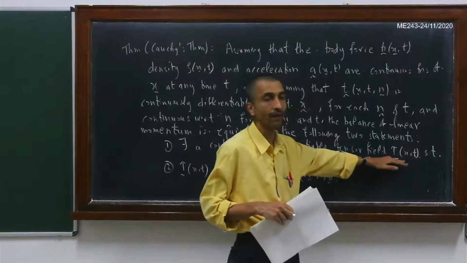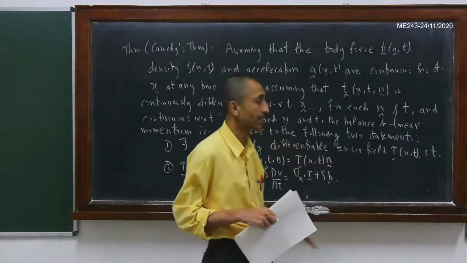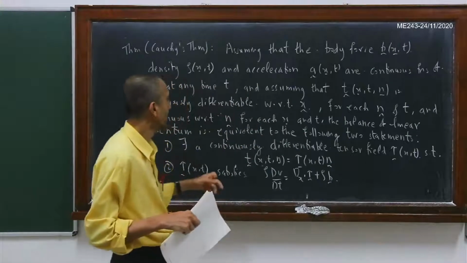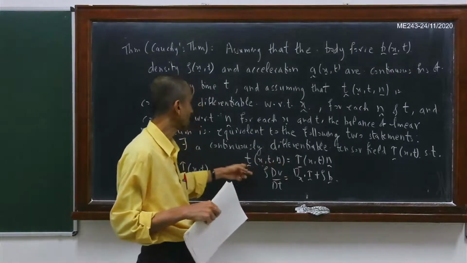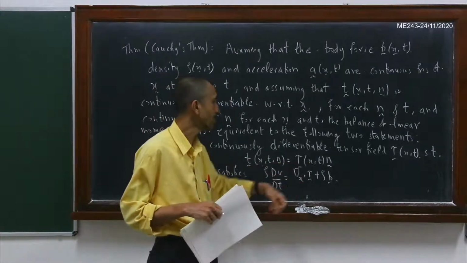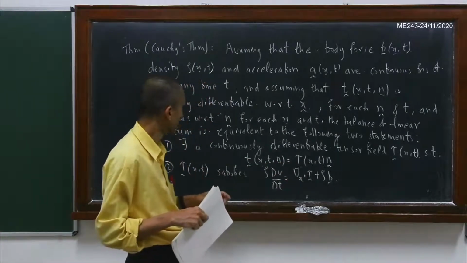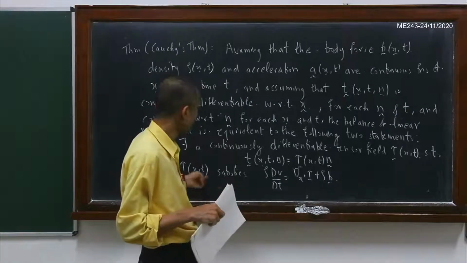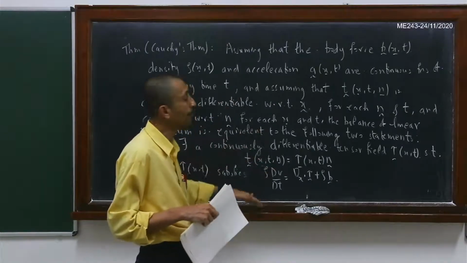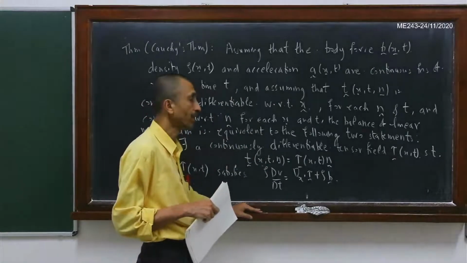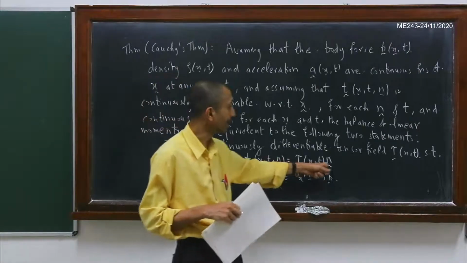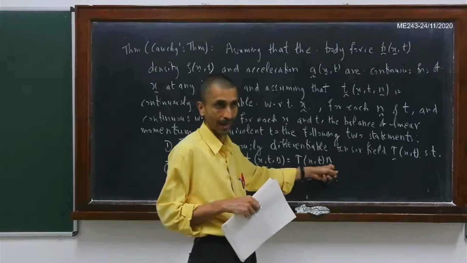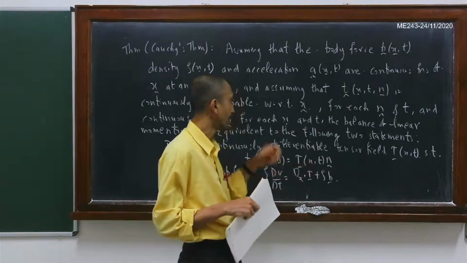So this tau of x, t is the stress tensor that we are going to define, and the relation between the stress tensor and the traction vector is this: T of x, t, n is equal to tau of x, t times n, and tau satisfies this. The important conclusion from this theorem is that the traction depends linearly on the normal n, through this mapping.